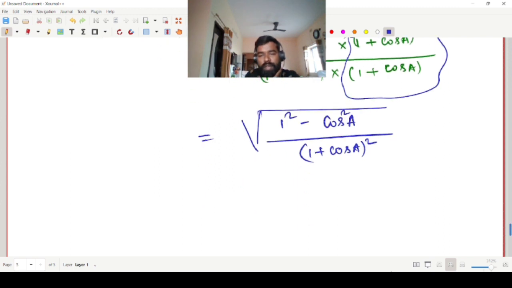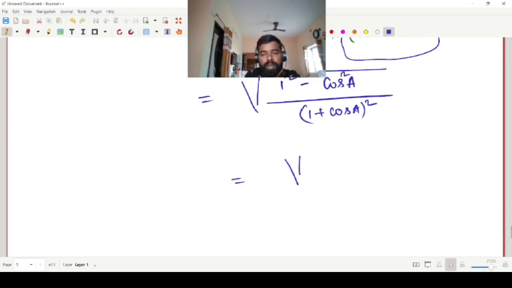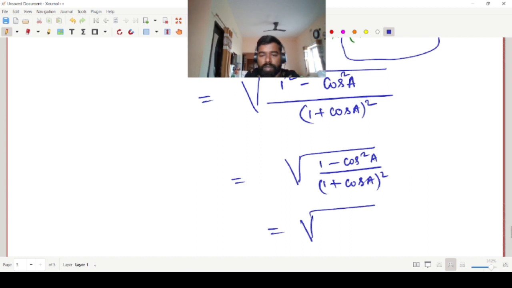So in the numerator we are getting 1 minus cos square, and the denominator is 1 plus cos A whole square. 1 minus cos square we can write as sine square, over 1 plus cos A whole square.